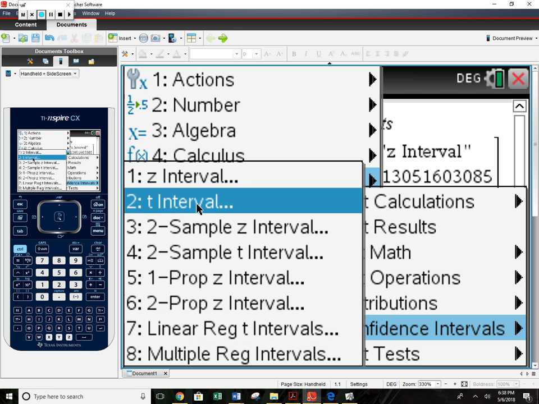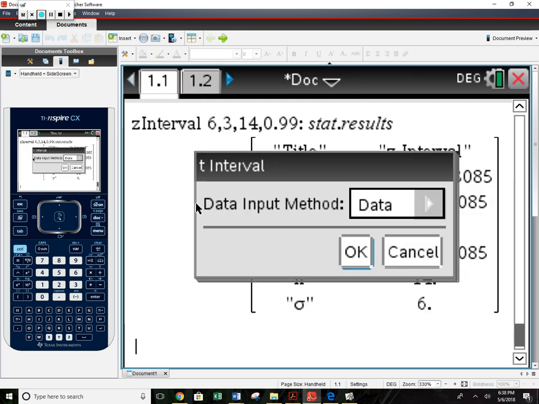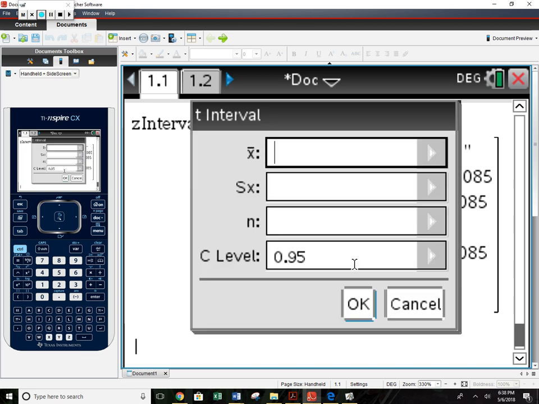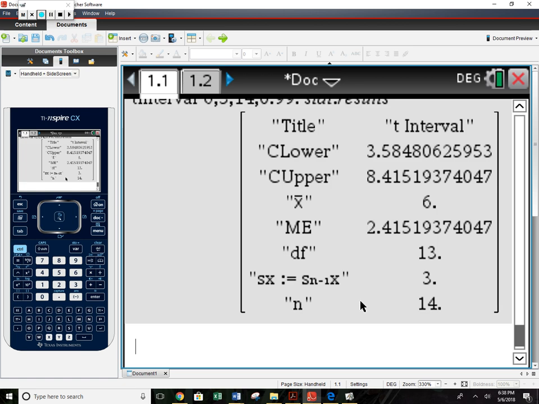Okay, now we're doing the t-test, and we're gonna go stats. X bar is 6 months, 3 months, 14, 99. Okay, let's see what this gives us. Okay, that's better.